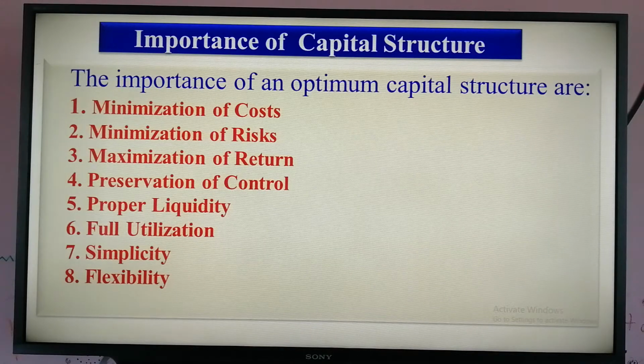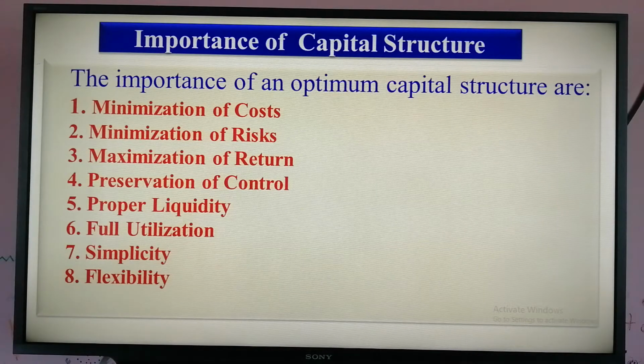So you have to read the risk first, try to understand the risk and find out how you can minimize the risk. Capital structure shows how to minimize the risk.